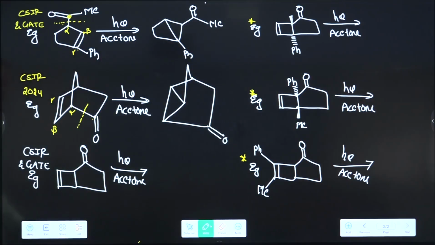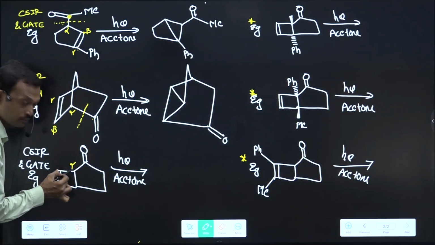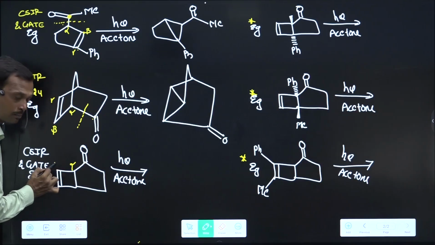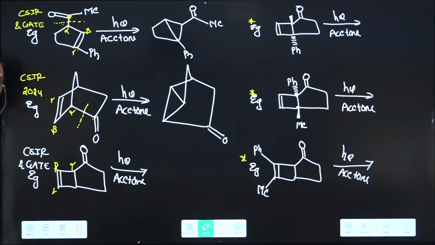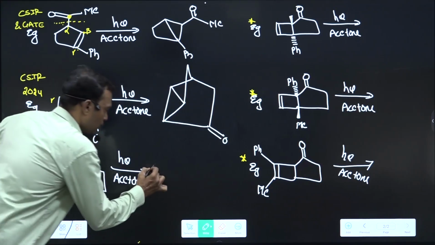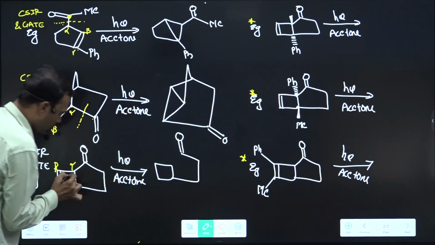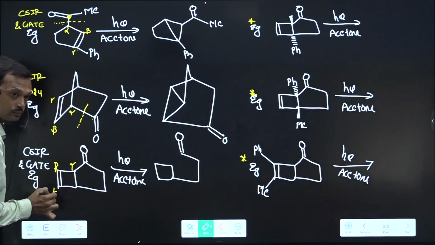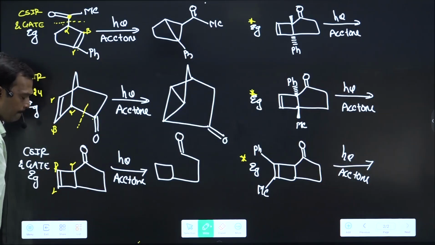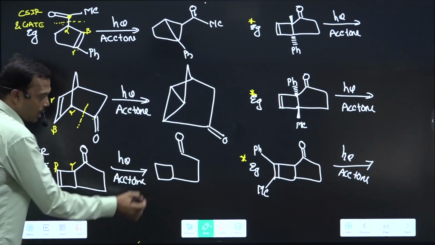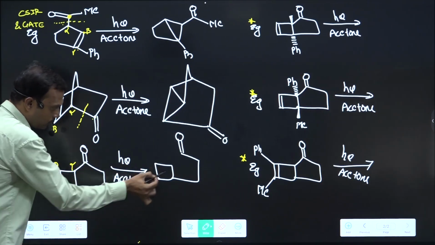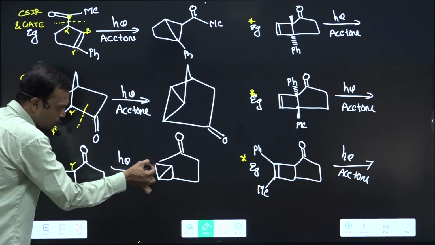Now give the labeling. Can I say is it alpha? Then what is this? Beta, gamma. What is the shortcut? First remove the bond between alpha and carbonyl. Remove the double bond. Then join alpha and gamma, this and this joining.